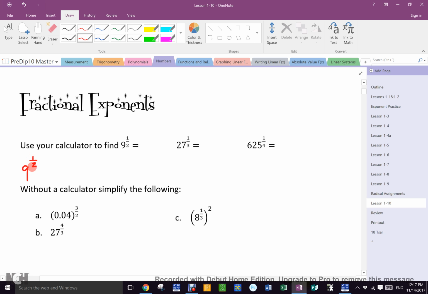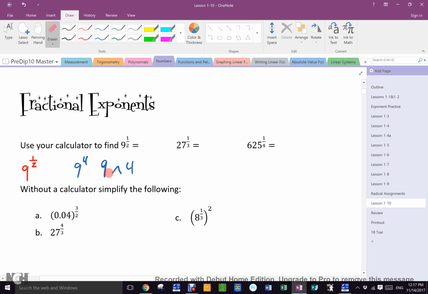What would you do with your calculator if I asked you to tell me this value? What buttons would you push? You would push 9. Yes, Lauren? 9, and then you click whatever your exponent button is, and then 4.